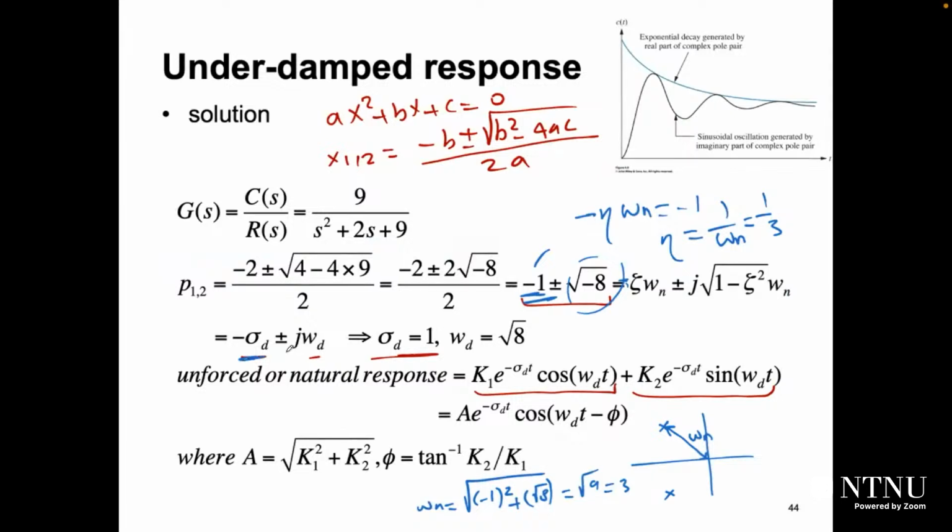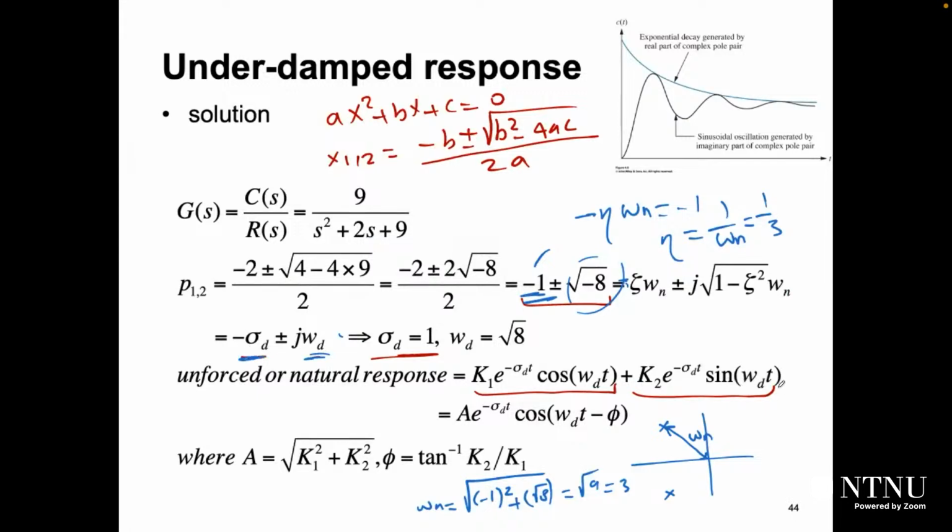If you want to write it in the time domain directly, it will be k1 exponential minus sigma d t, which is the exponential of the real part, cosine omega dt plus k2 exponential minus sigma d t sine omega dt.